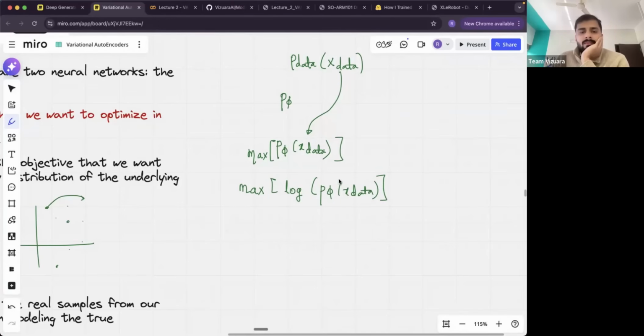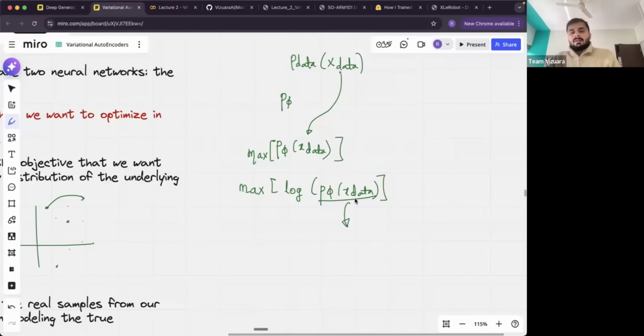Now, we want to maximize the probability that the images which you have sampled from your true data can also be sampled from your predicted distribution. So this we want to maximize.